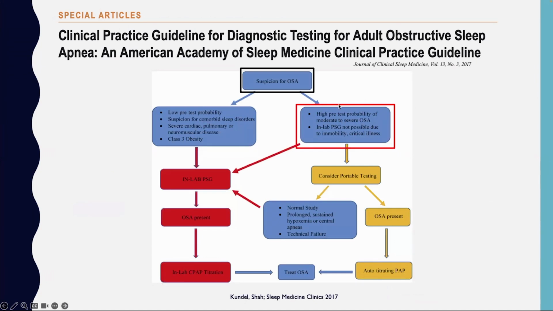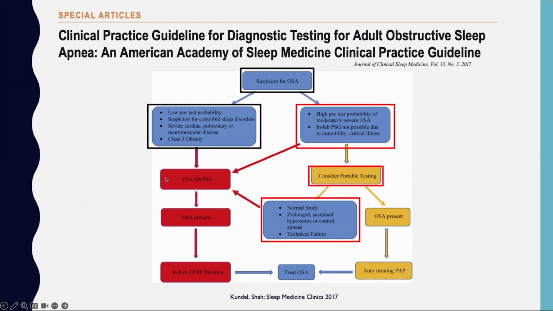So if you're sure they most likely have obstructive sleep apnea, then you can consider a home sleep test. However, if you do the home sleep test and the study is normal, or they have abnormal findings of prolonged sustained hypoxemia or central apneas, or if there's technical failure, then we would recommend an in-lab study.